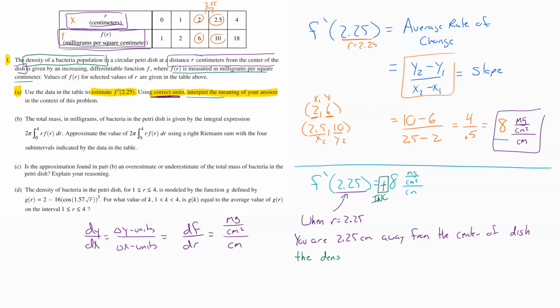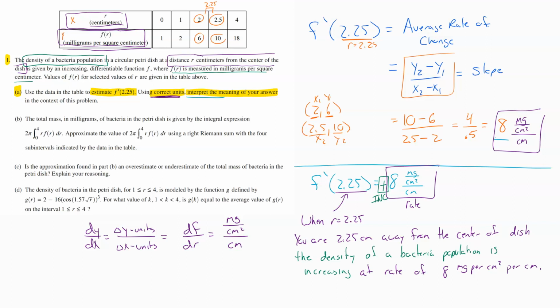Now you're describing the y portion of it. So the density of the bacteria population is increasing. And then you would say, at a rate of, and now you put in your rate portion: at a rate of 8 milligrams per centimeter squared per centimeter.